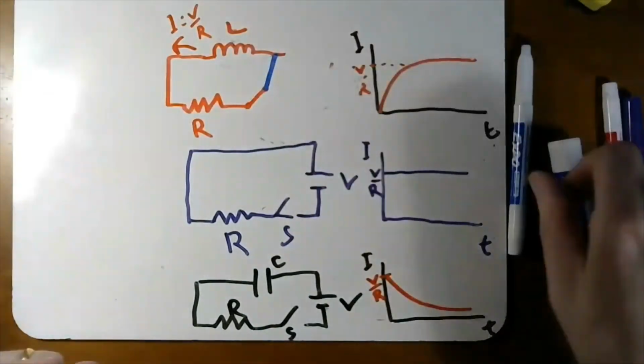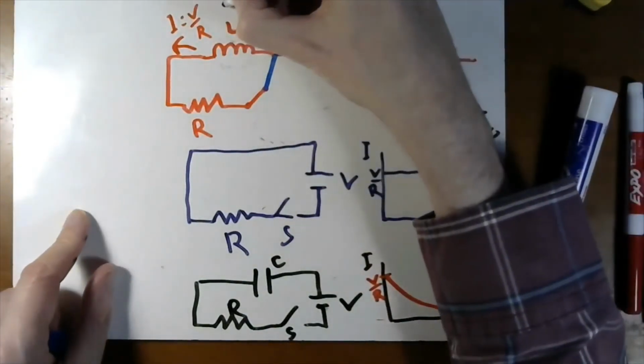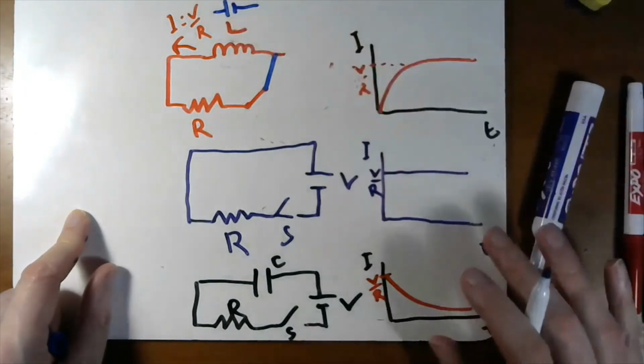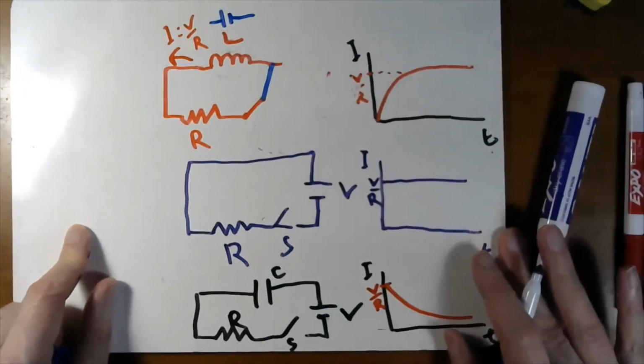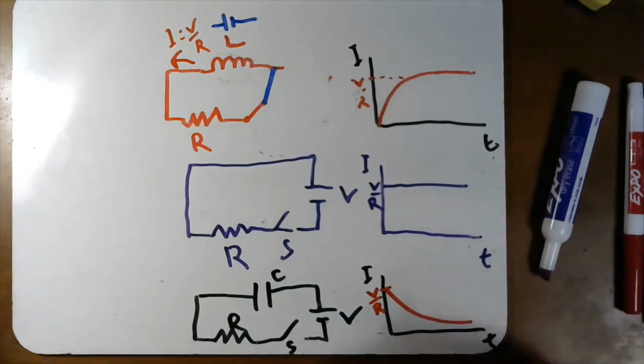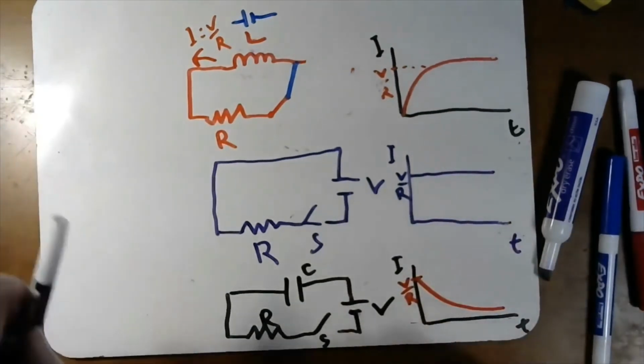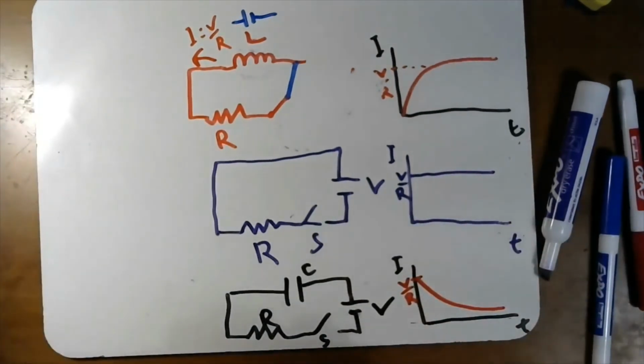So the inductor is going to act like a source of EMF in the direction of the current, just like this. So the inductor is going to try to oppose that decrease in the current. But eventually, the current will decrease, and eventually it will go to 0.